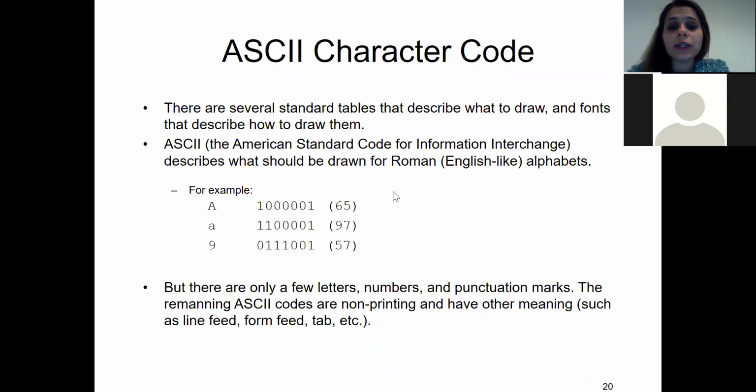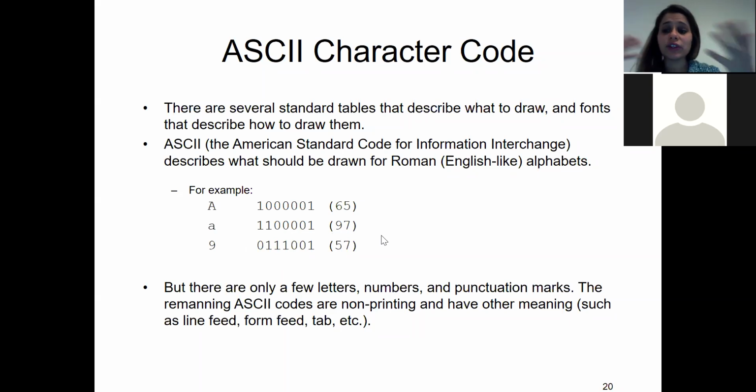So, ASCII code. As I've mentioned earlier, when you press an uppercase or a lowercase letter, the representation of them in the machine language, or in decimal as we call it, is completely different.